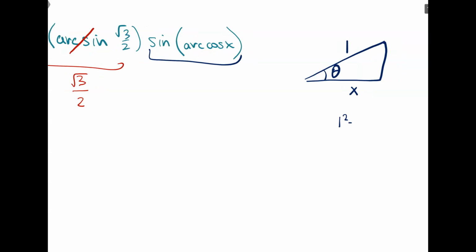Pythagorean theorem. So I have 1 squared equals x squared plus b squared, where b is the side I'm looking at. So 1 minus x squared is equal to b squared. So this side right here is going to be the square root of 1 minus x squared.